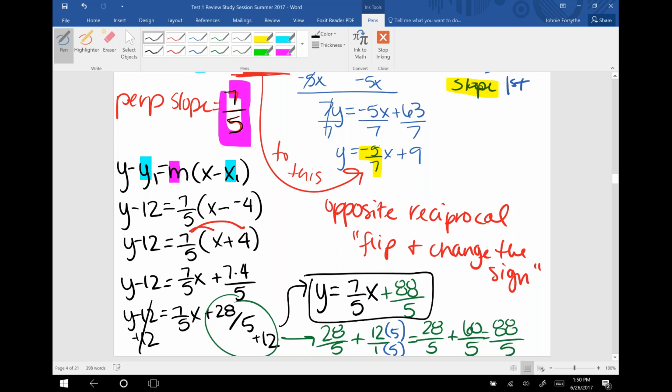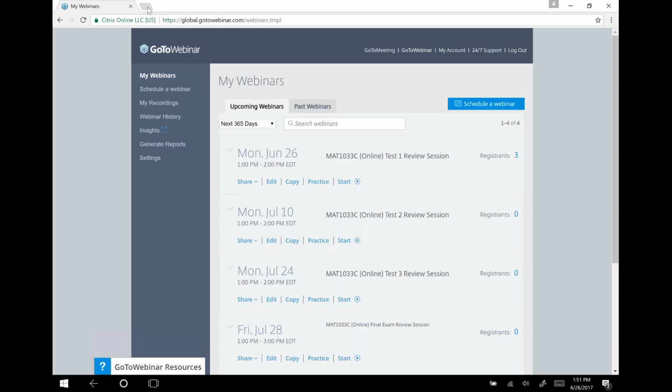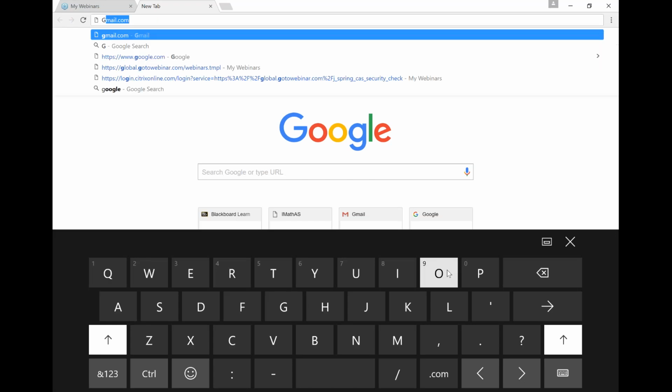Now, does anybody want me to show you how to do this fraction work in your calculator? Yes. All right, give me a sec to find my online calculator. It won't take me but a second. There's somewhere I can Google it.